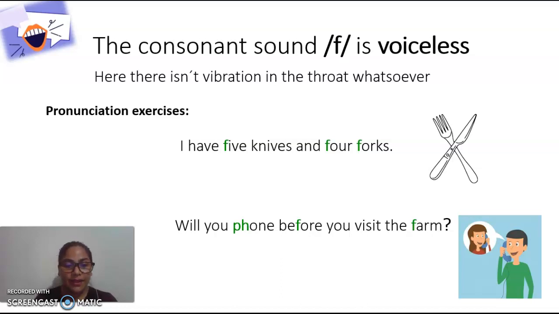Okay? In the second exercise, listen to me, please. Will you phone before you visit the farm? Okay, again. Will you phone before you visit the farm? Okay, the best.